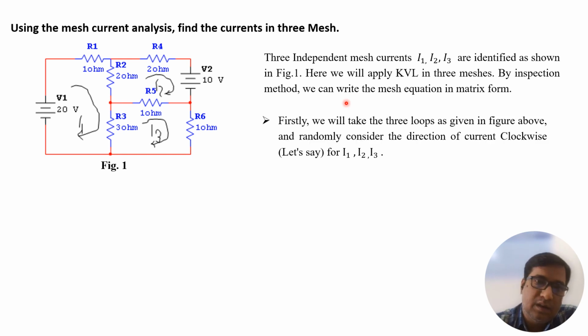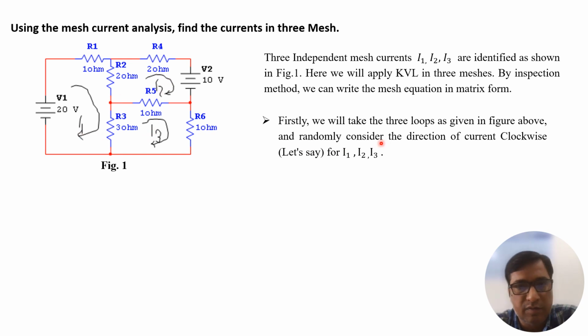The first step to apply KVL or mesh analysis is, firstly, we'll consider the loops. In this circuit there are three; it can be two or more than three. We will take the mesh currents according to the number of meshes available in the circuit. For example, here we have one, two, and three different meshes.